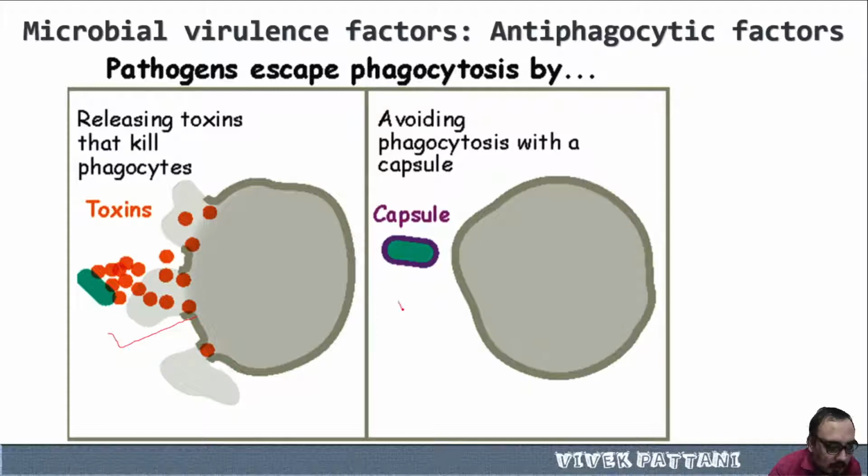The second one is by producing a capsule, through which it can avoid phagocytes.